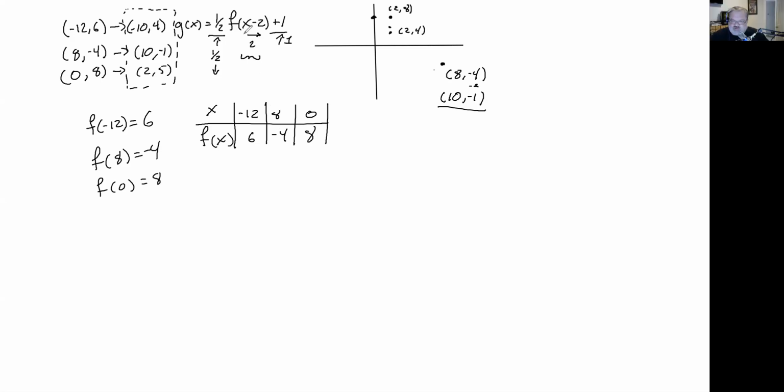And actually that's a really good way to think about it in some ways, that this x minus 2 is going to be that 6. Oh, not the 6, sorry. It's backwards.